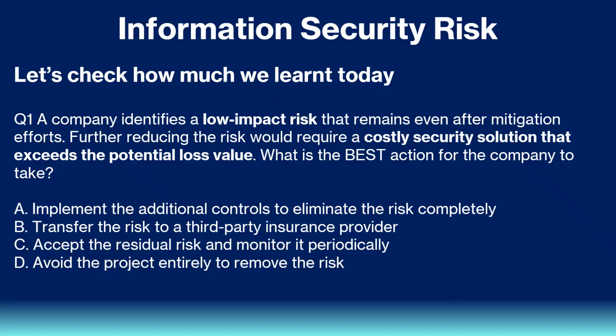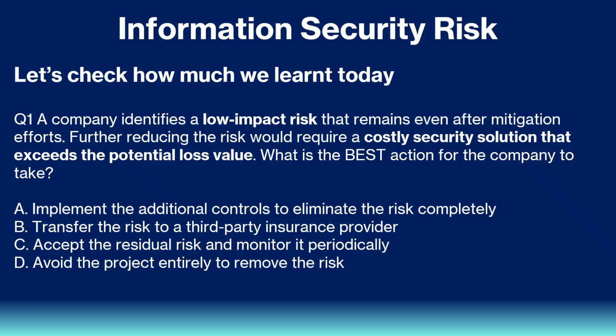Now, let's see how much you have learned from today's video. Please go through these questions and give your answers in the comments. The first question is, a company identifies a low impact risk that remains even after mitigation efforts. Further reducing the risk would require a costly security solution that exceeds the potential loss value.